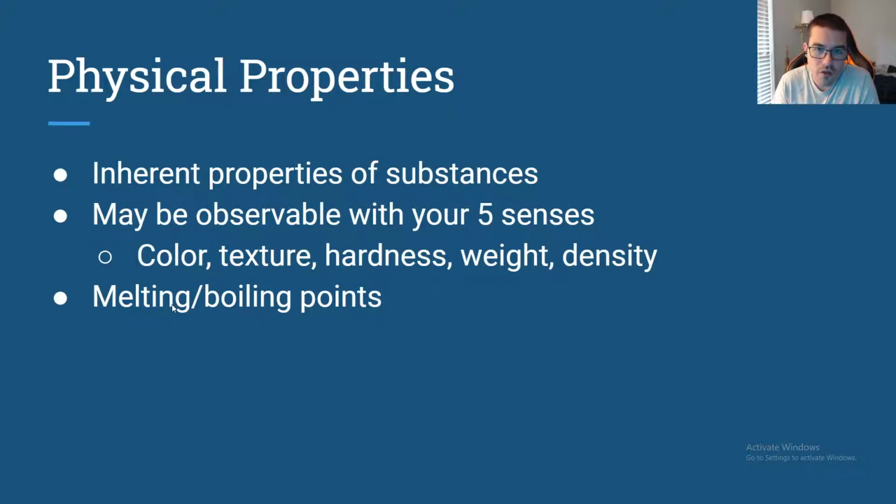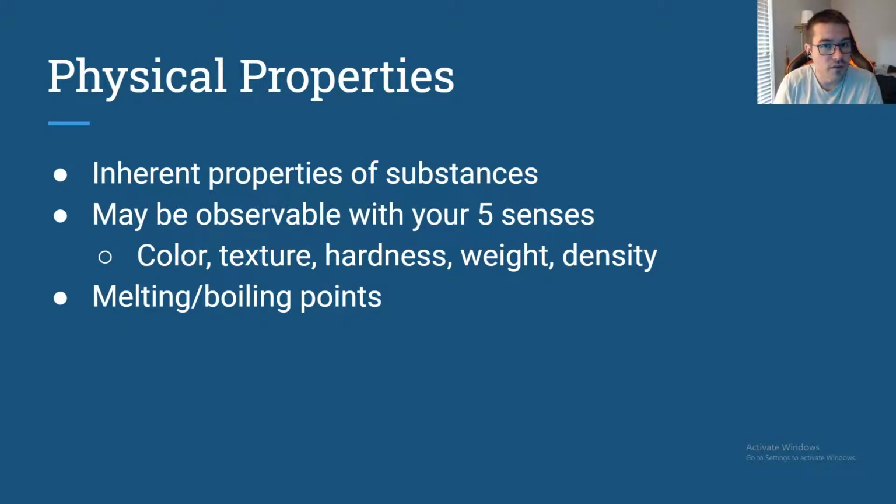And then there's one other big type of physical property, and that is right here, this bullet point at the bottom. Melting or boiling points, okay? For example, water melts or freezes, okay? Those are kind of the opposite of each other, right? But they happen at the same temperature.